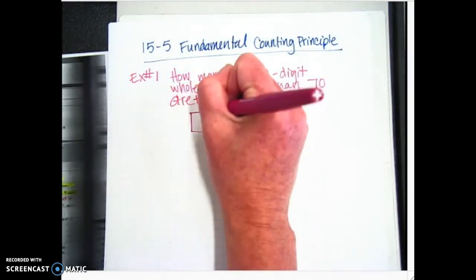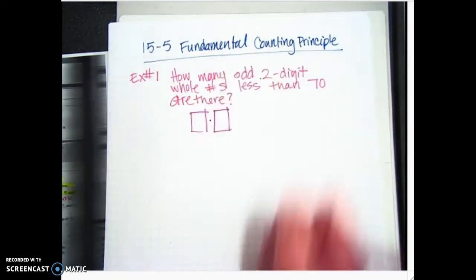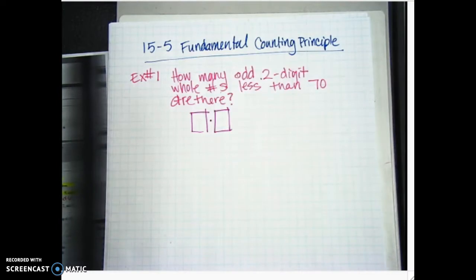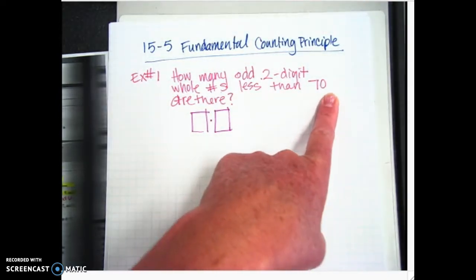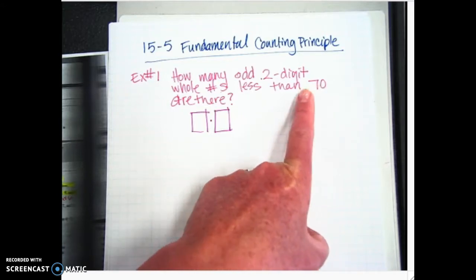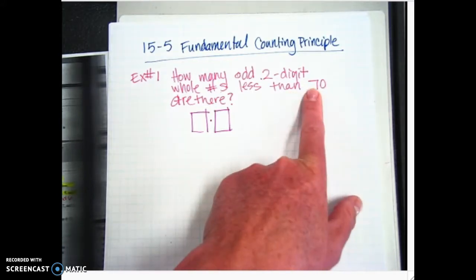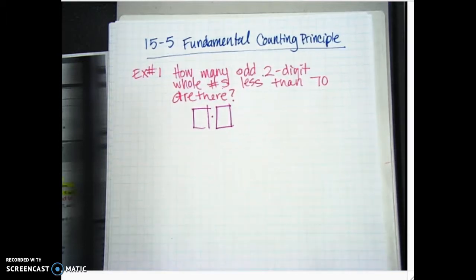If you want 2 digits, you make 2 boxes, and those are the 2 numbers you're going to end up multiplying. We need the number to be less than 70. Does that include 70? No, because it's even, and it needs to be less than 70, so it would be 69 or less.